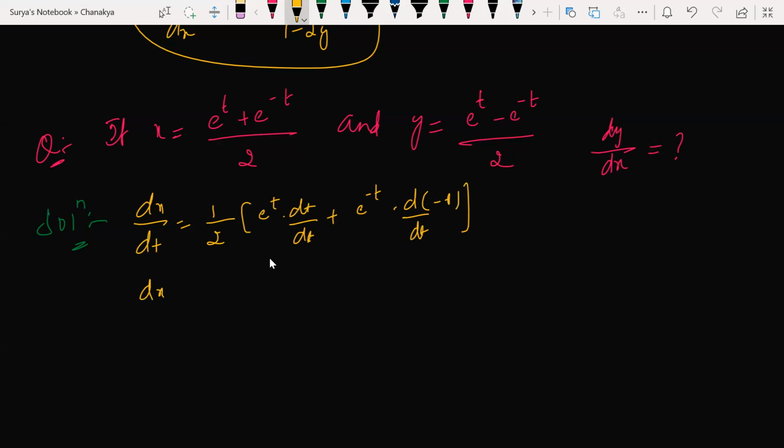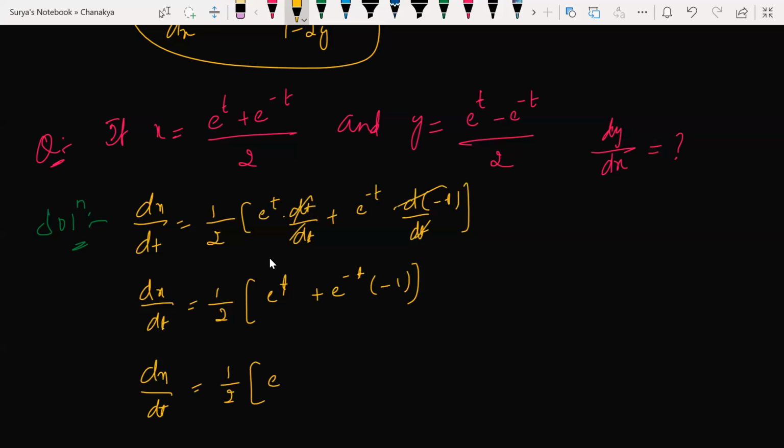So dx by dt is equal to 1 by 2 e to the power of t minus e to the power of minus t. This is what you get.